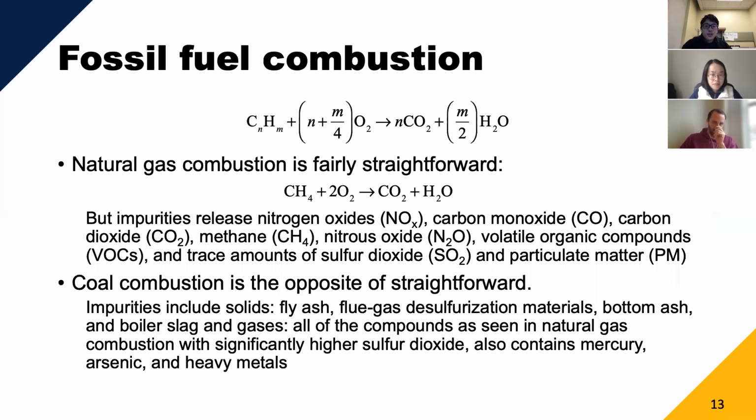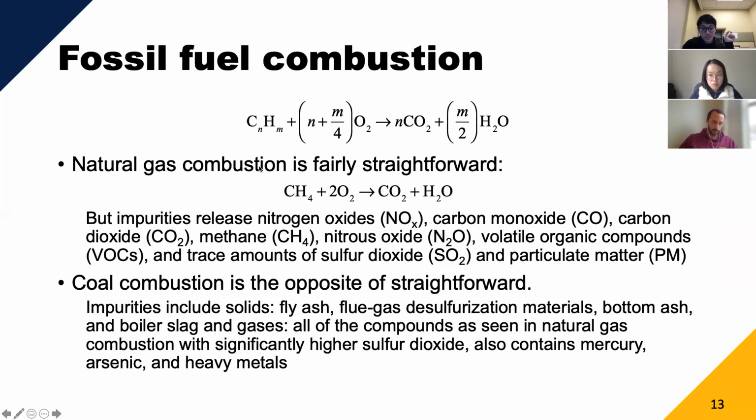Okay, so the process of combustion. This is a basic chemistry review, your generic process for combusting any sort of hydrocarbon chain. That's essentially what we're going to be doing with any fossil fuel. The number of carbons and the number of hydrogens depends on the specific type of fossil fuel.